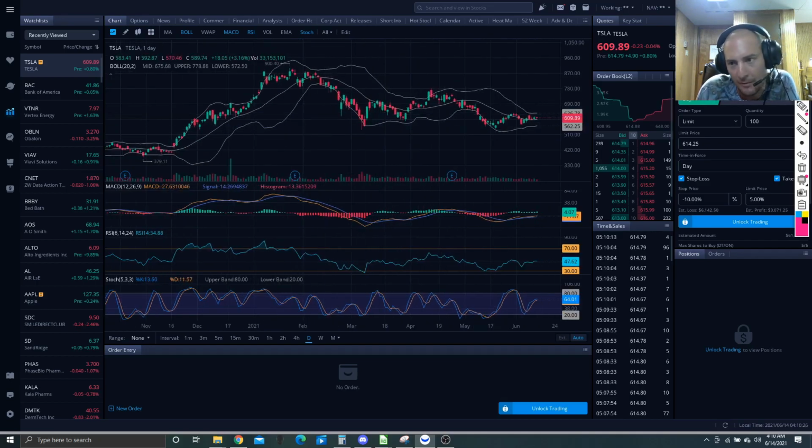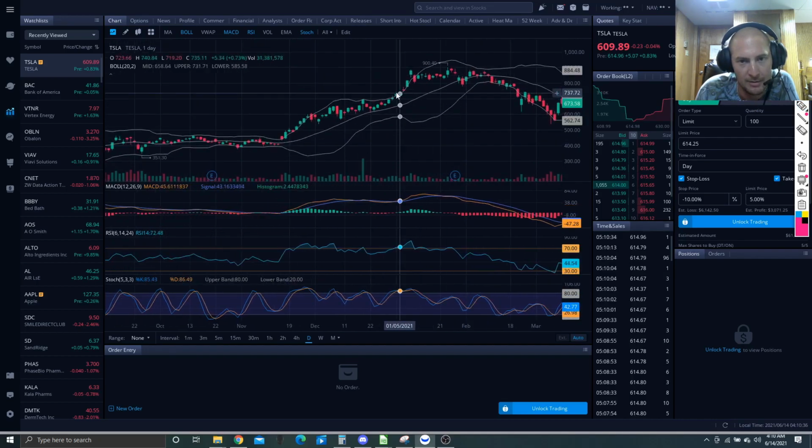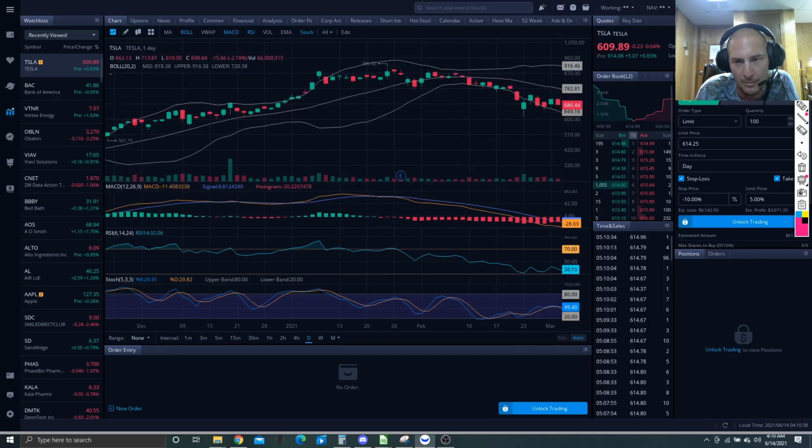So what you are looking for is price to move to either side of these bands and close outside of it, right? So let's just find a spot where that happens. Right here, price comes up to the outside of this band, it closes outside of it. So that is when we're going to start watching.